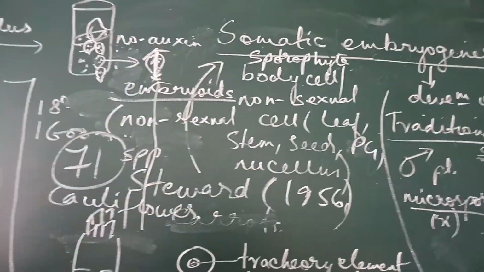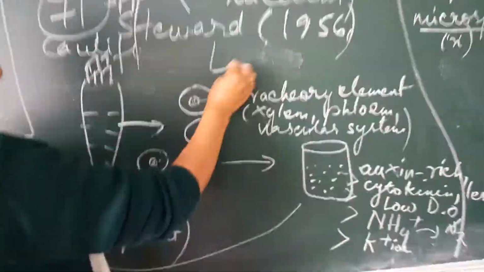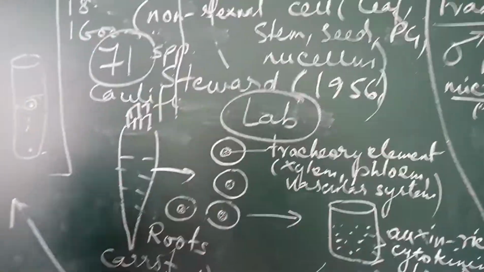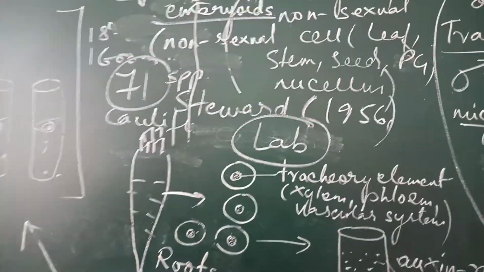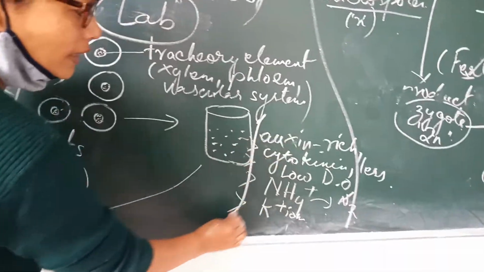This process is non-traditional, because why? It takes place in the lab. And it does not need a male plant, it does not need a female plant. It just needs some inducing agents.